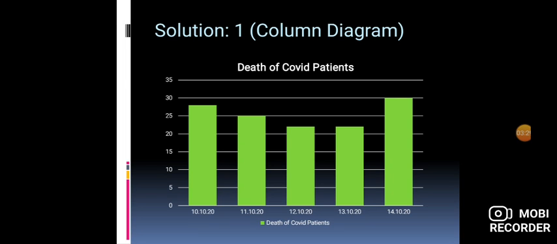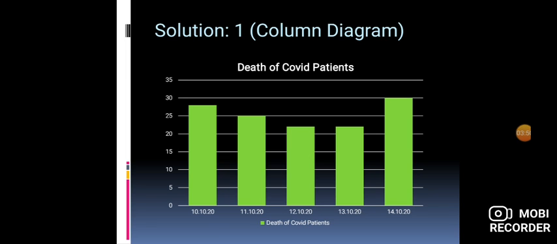Fine. So data values are given here in the y-axis, and in the x-axis the different dates on which the deaths occurred in October are given.